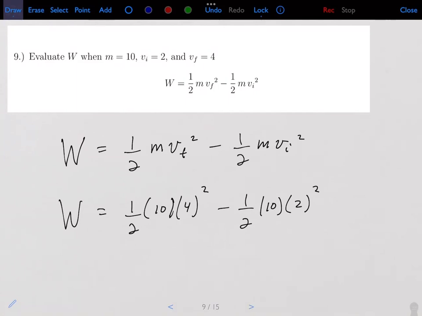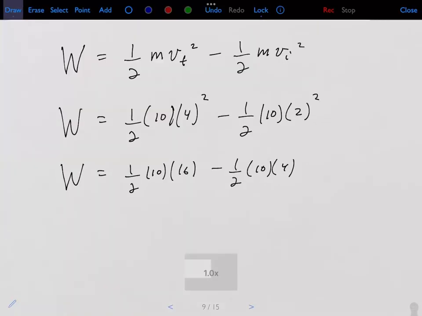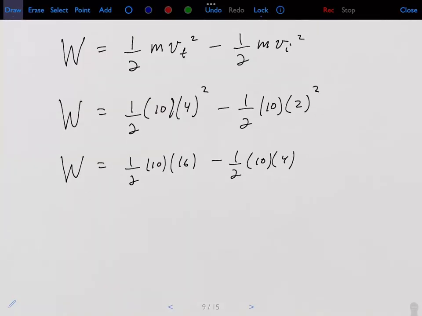Okay, so again, order of operations is important. So let me do the exponents first. So 4 squared is going to be 16. And then 2 squared is 4. Then multiplication and division left to right. So if I do 1/2 times 10 times 16, that's going to be what, 80?